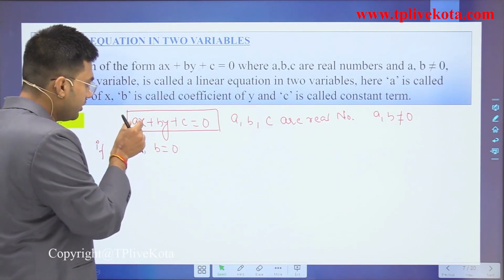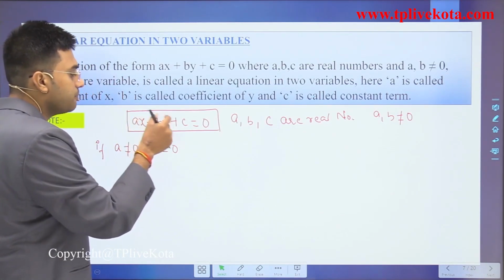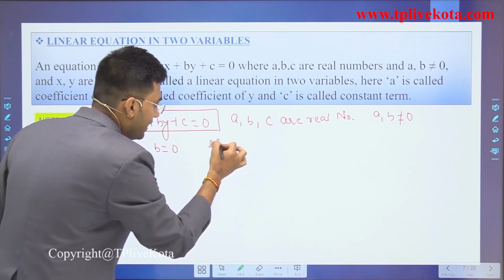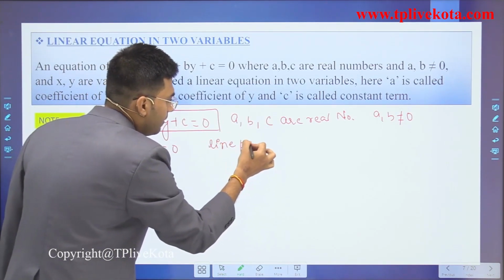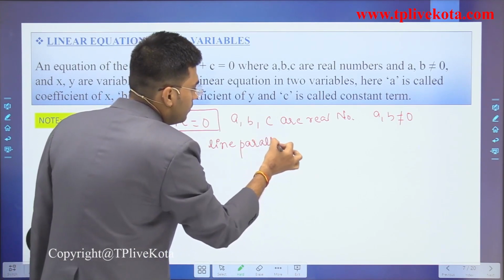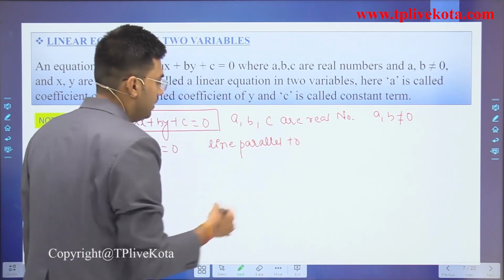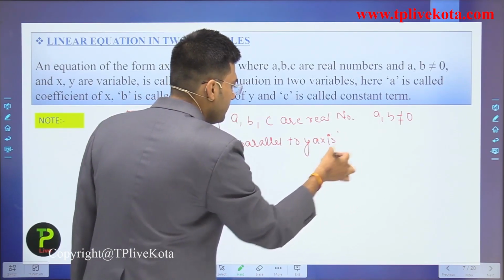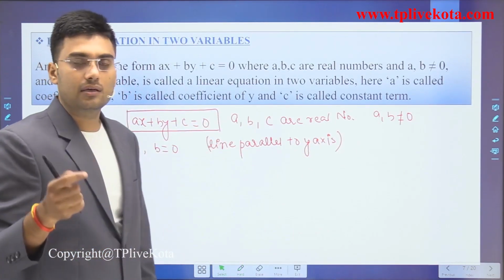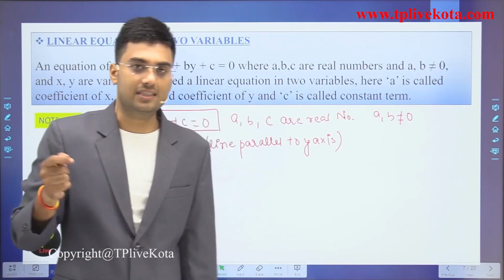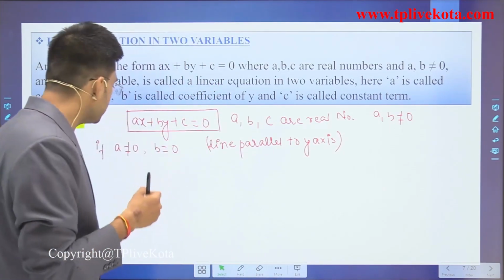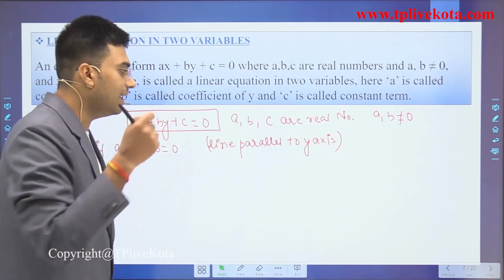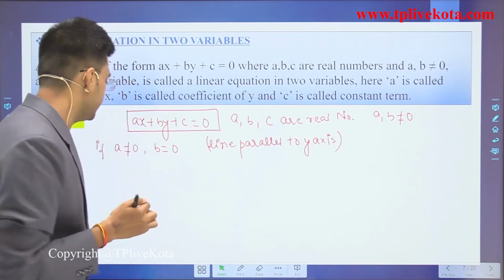If a is not equal to 0, then it is ax plus c, and this represents a line parallel to the y-axis. We know that the graph of a linear equation is a straight line. So if a is not equal to 0 and b is equal to 0, then it represents a line parallel to the y-axis.